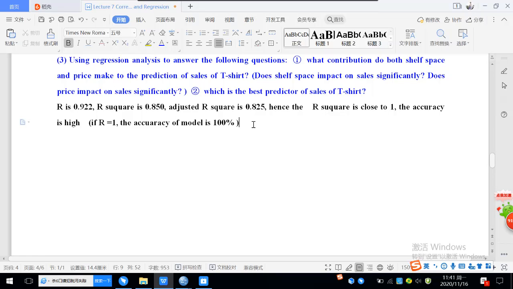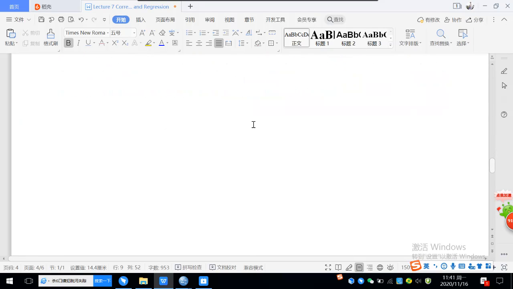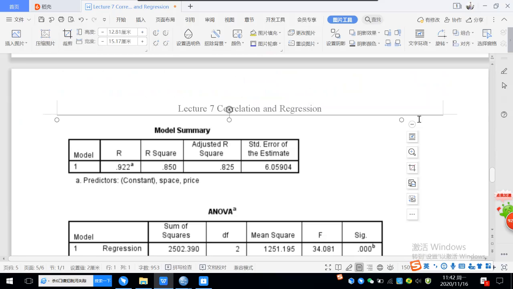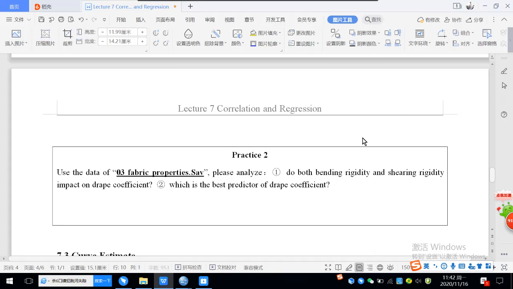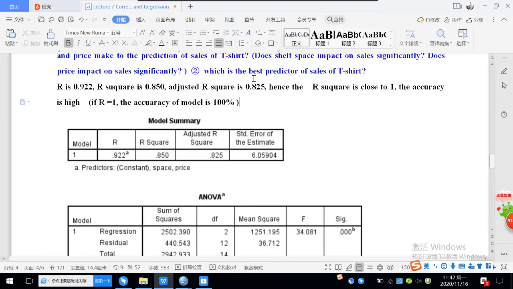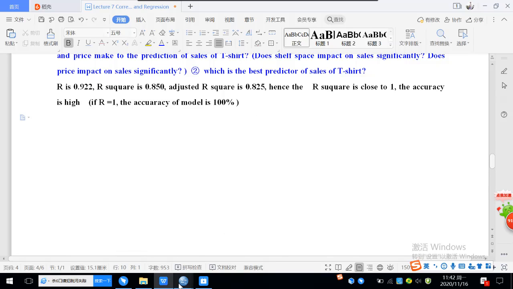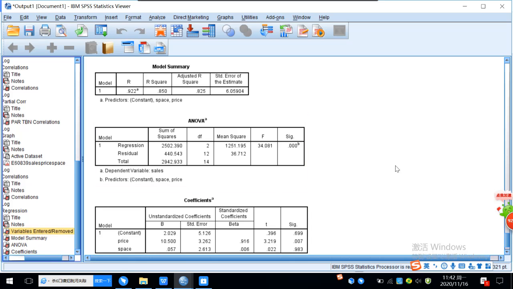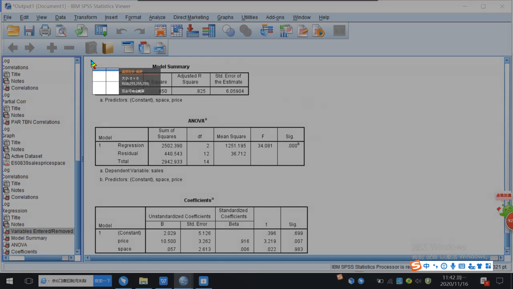Okay, so here is the first part through the model. Through the model you can analyze like this. Yeah, I think I'd better separate them.